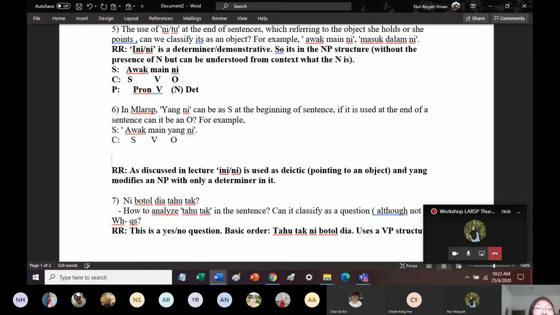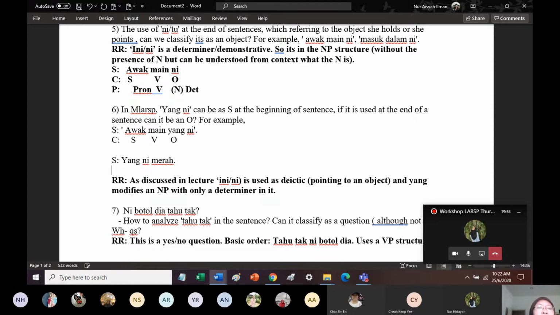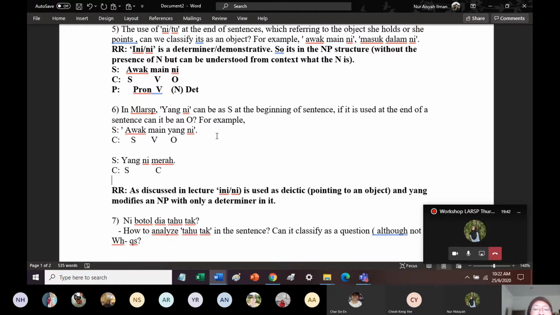Kalau kita kata another sentence, yang ni merah. Gitu kan. Here is S. Phrase dia relative, and then that.